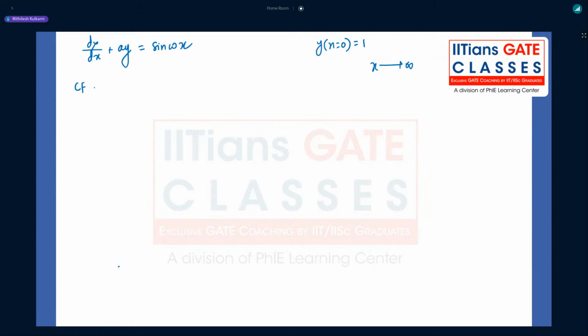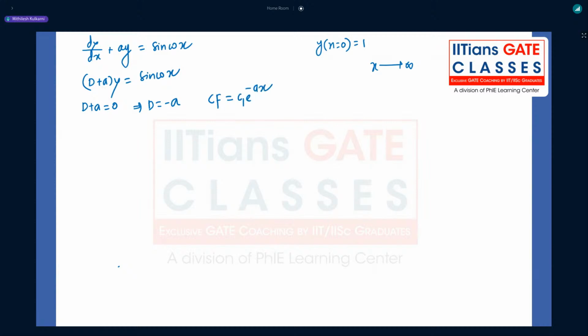CF will be, if I write this as D plus a times y equal to sine of omega x, so I can write D plus a equal to 0. We can treat D plus a as an algebraic equation, and you'll get the value of D as minus a. Hence, the CF in this part is C1 e to the power minus ax.